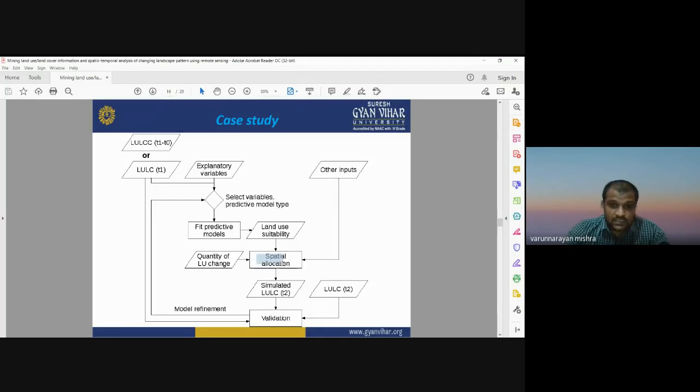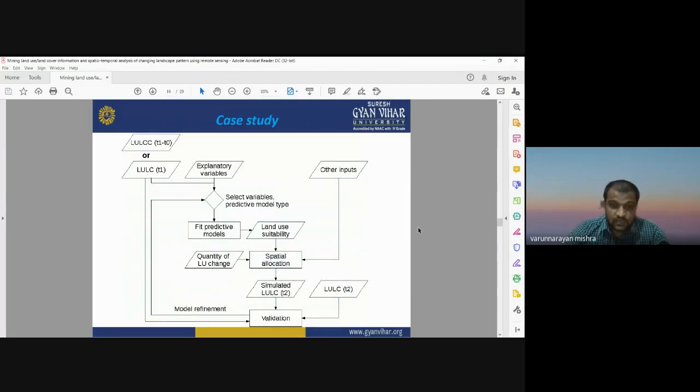This spatial location will have both the information: land use suitability, or the potential site and location of the change, and the quantity of the change, that is demand, the rate of the change, the magnitude of the change. Both are integrated with the spatial allocation.